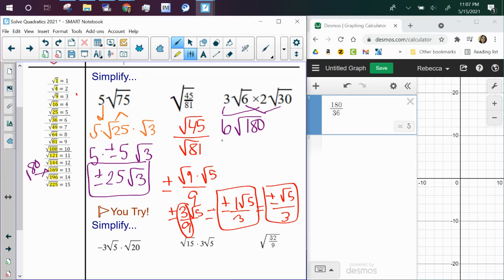So I'm going to rewrite this as 6 square root of 36 times square root of 5. Okay, square root of 36 is 6, so I'm just going to write that as 6 times plus or minus 6 square root of 5. And again, I can multiply these to make plus or minus 36 square root of 5. And that's my final answer.